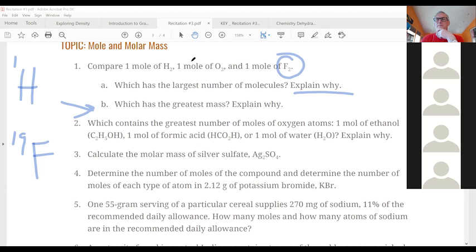A mole of fluorine would have 19 times the mass of a mole of hydrogen. What about the number of molecules, though? What's the definition of a mole? How many molecules are in a mole? That's where our old friend Avogadro comes in. What does Avogadro have to say about this?